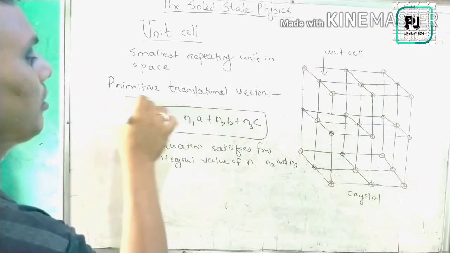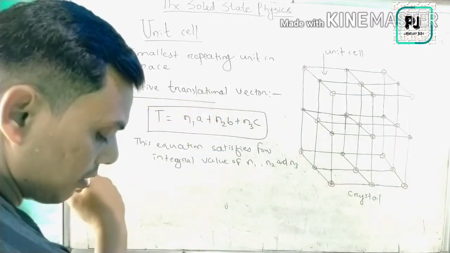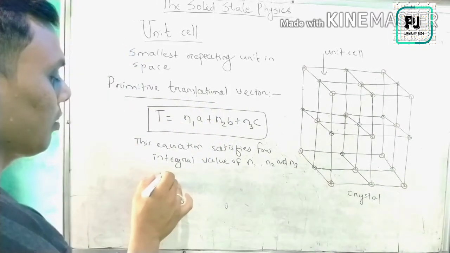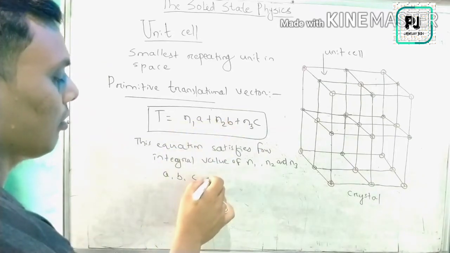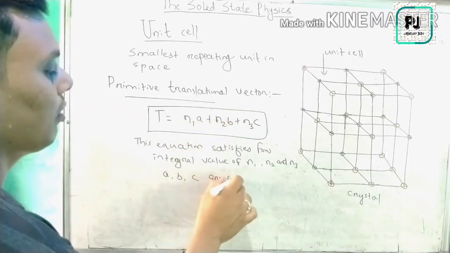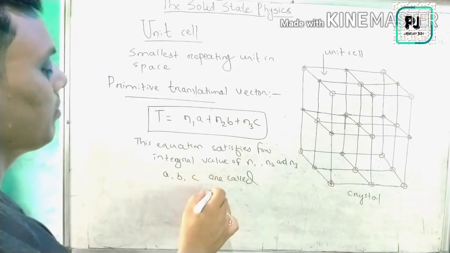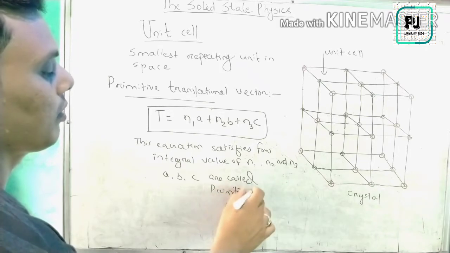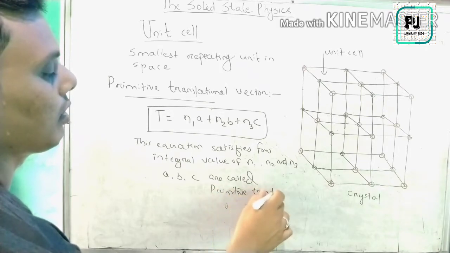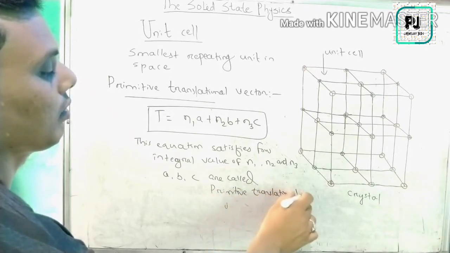Then it is called a translational vector. These A, B, C are called the primitive translational vectors.